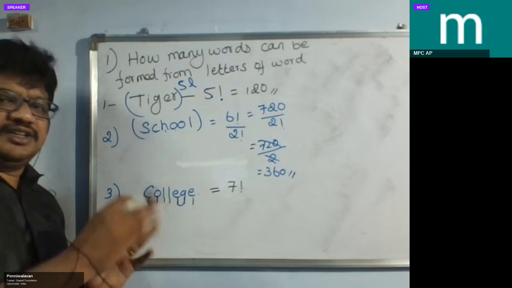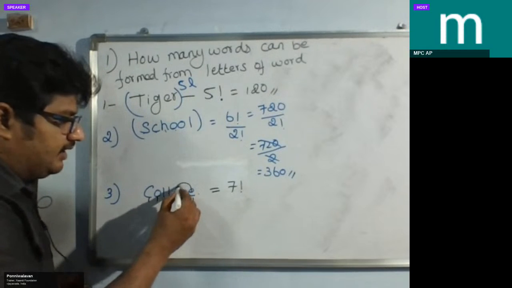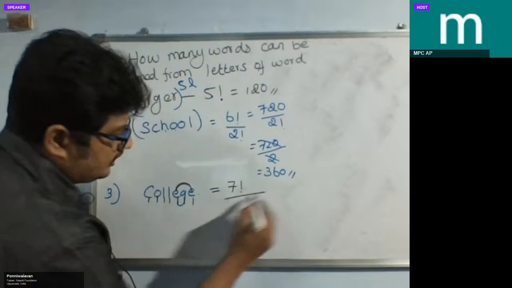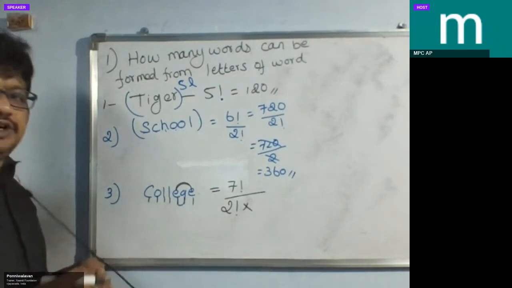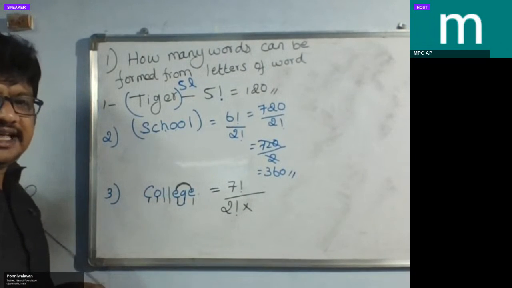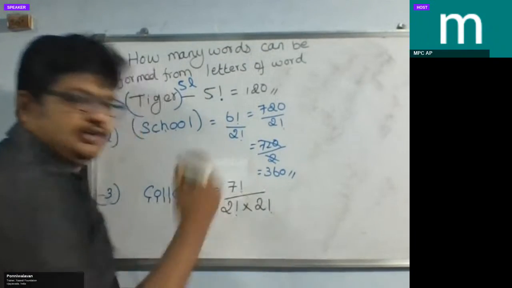O and E. You go with individual. E repeated how many times? 2 times. For that, 2 factorial. L repeated how many times? 2 times. For that, 2 factorial.